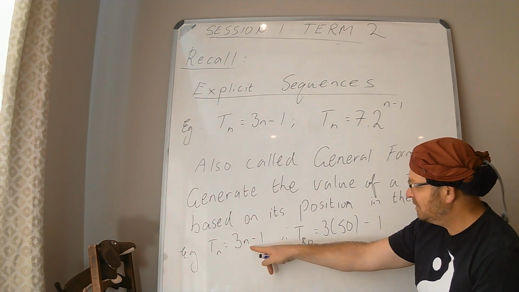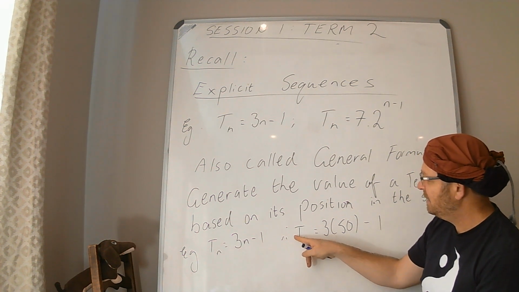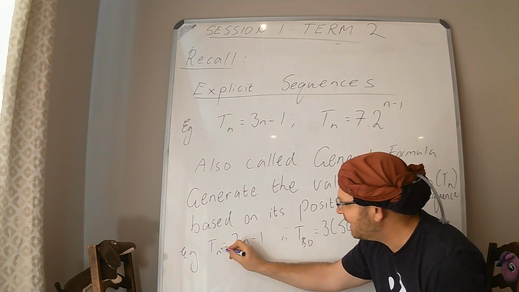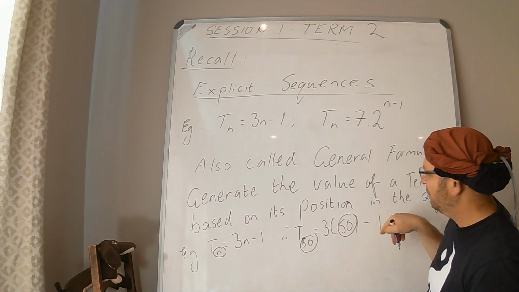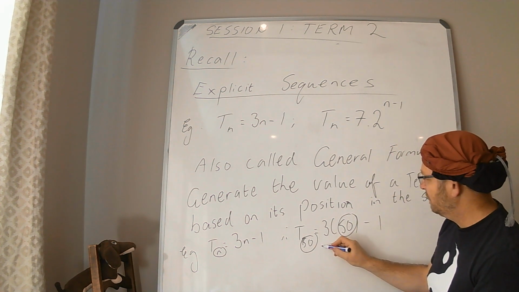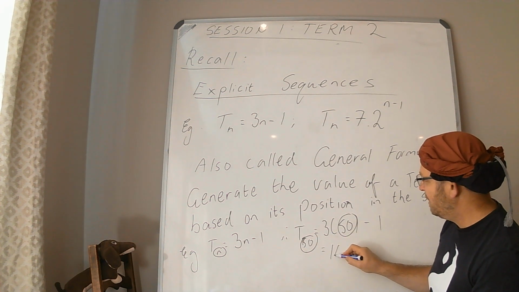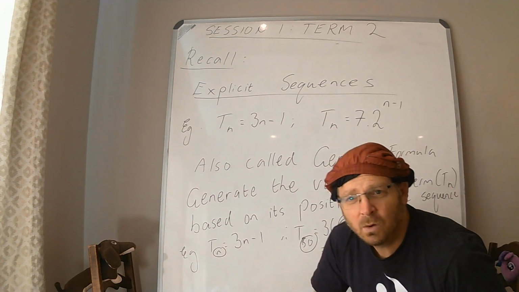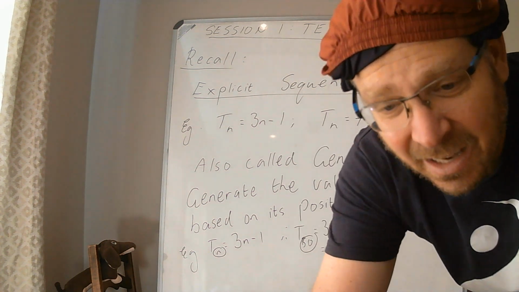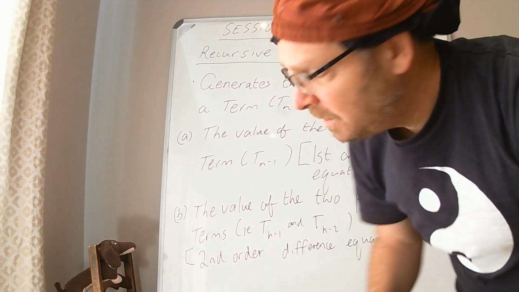Then if I said, using that formula, go find term 50, you'd replace n with 50, so it'd be 3 times 50 minus 1, which would be 149. So that's your reminder of what an explicit sequence is.